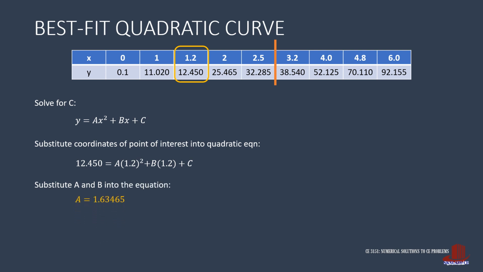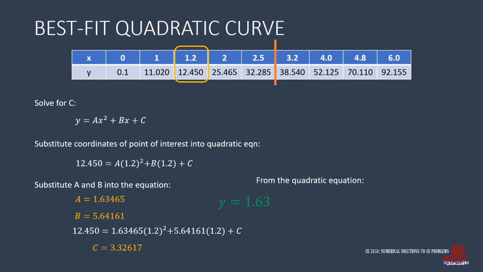Also substitute a and b into the function to have 12.45 as equal to 1.63465 times 1.2 squared plus 5.64161 times 1.2 plus c, which makes c as equal to 3.32617. And there it is. The best fit quadratic curve has the function y is equal to 1.63465x squared plus 5.64161x plus 3.32617.